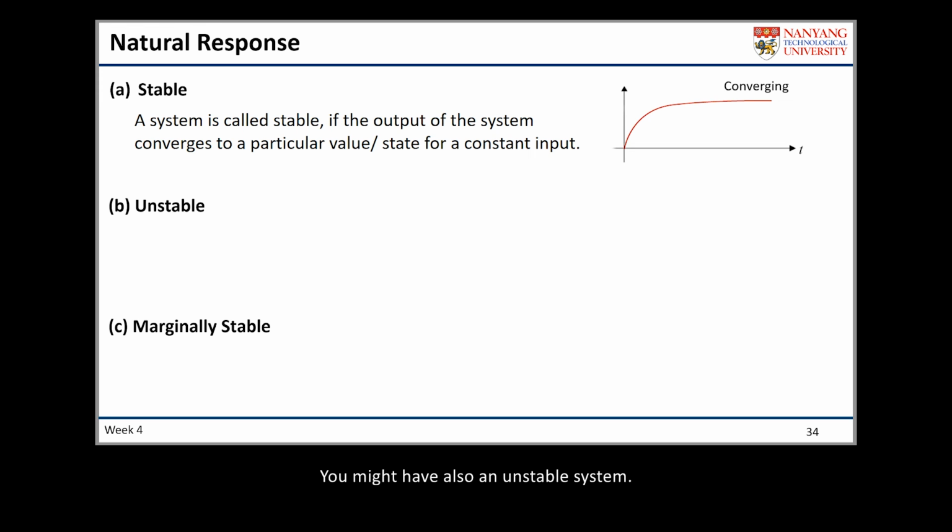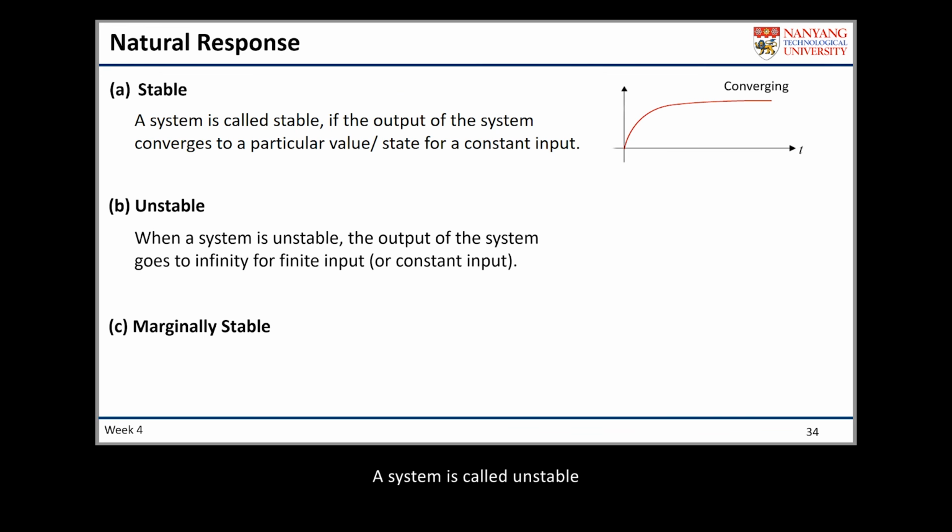You might also have an unstable system. A system is called unstable when the output of the system will go to infinity for any particular constant input. So, as an illustration, an unstable system will have this response for a constant input. Besides these two, we also know what we call marginally stable. What is marginally stable?